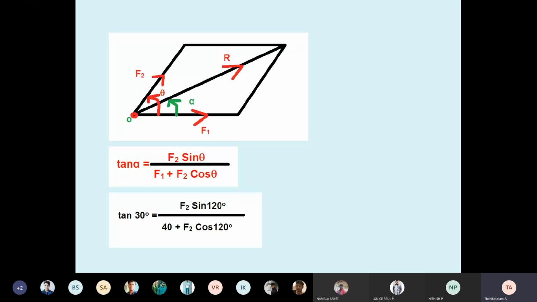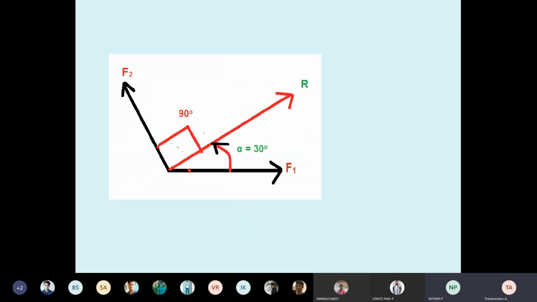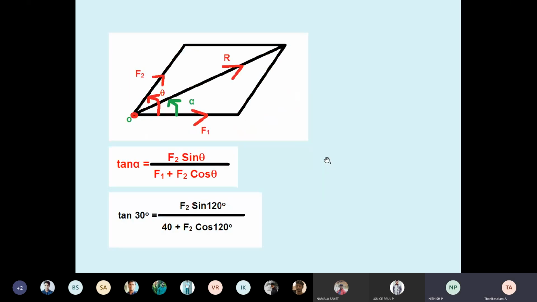Nitish, can I go to the next one? Yes, sir. Sir, but how do we find the value of cos 30? Which one? Sir, sin 120 and cos 120 we are converting into sin 60 and minus cos 60. No need. Just put it in the calculator and you will get the answer.